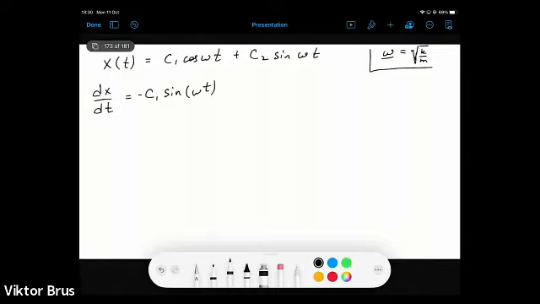And since in the argument of sine we have this omega t, we need to take the derivative of this argument and multiply also. So that will be times omega, plus C2 times cosine omega t and times omega.